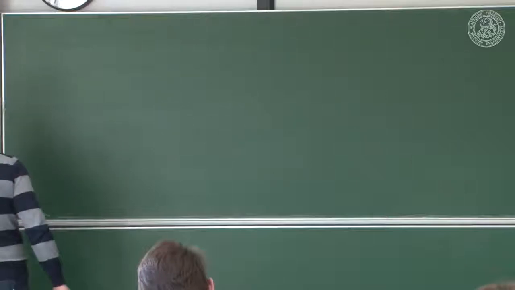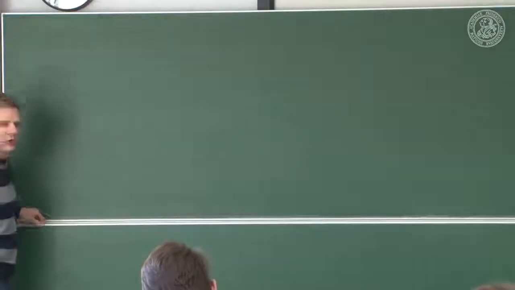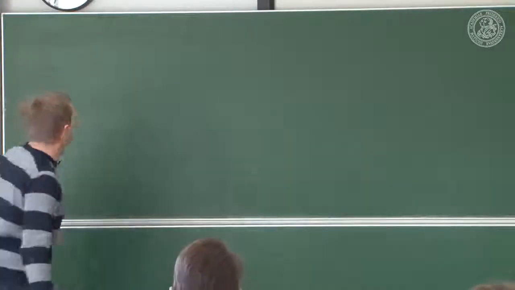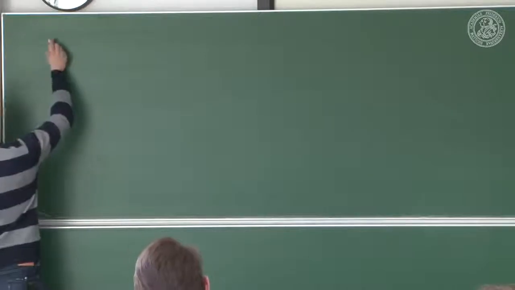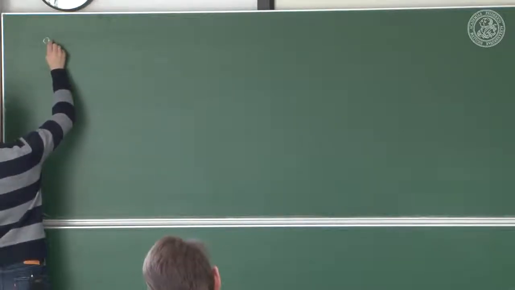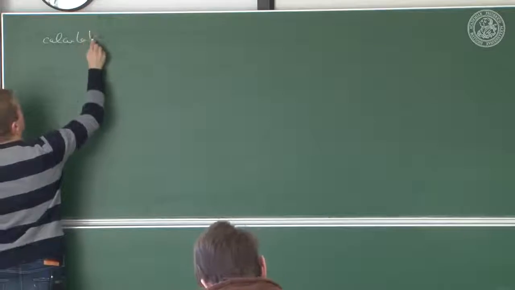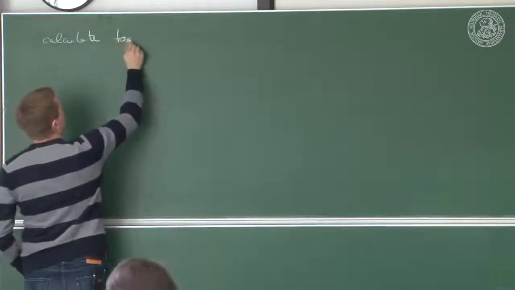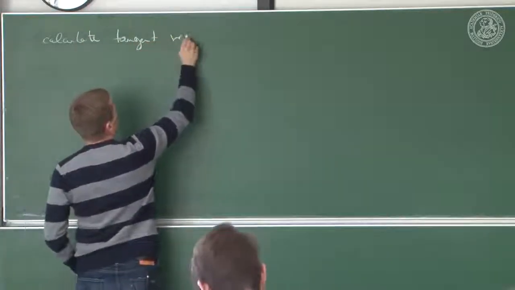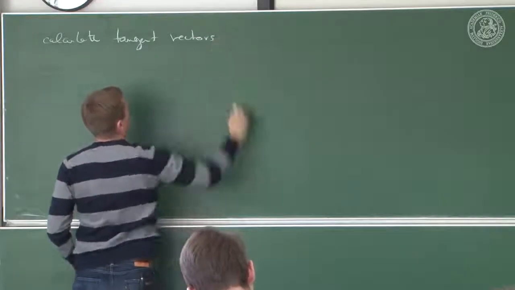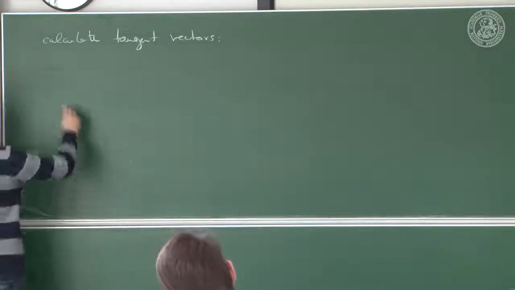Okay? So we got ourselves these very special curves, and once we have them, we can of course calculate the tangent vectors to these very special curves. Tangent vectors, so there is a number of those.